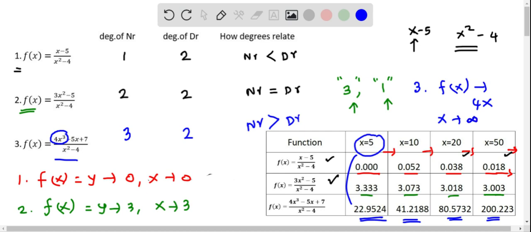That is, it still grows without bound, toward infinity, but the relation is that f of x approaches 4x. So we have answered all the subparts of the questions for the three functions.